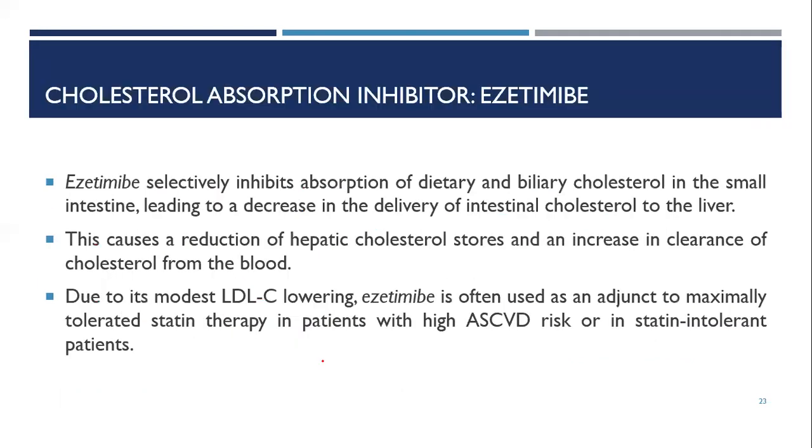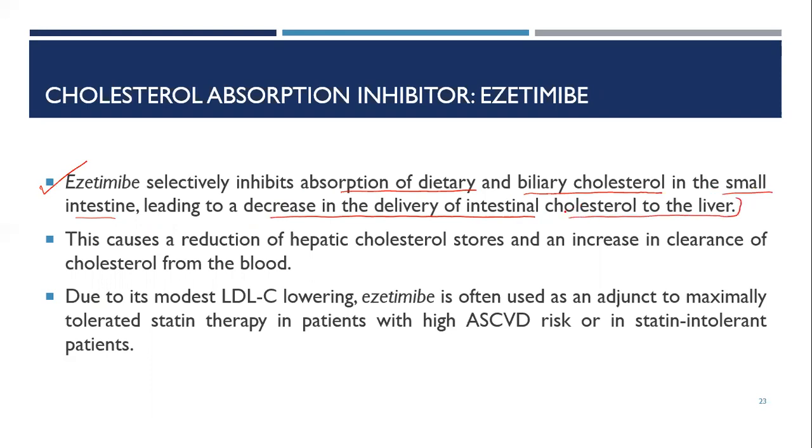Okay, then the next drug we have is cholesterol absorption inhibitors, and the example is ezetimibe. So this ezetimibe selectively inhibits absorption of dietary and biliary cholesterol in the small intestine, which leads to a decrease in the delivery of intestinal cholesterol to the liver.